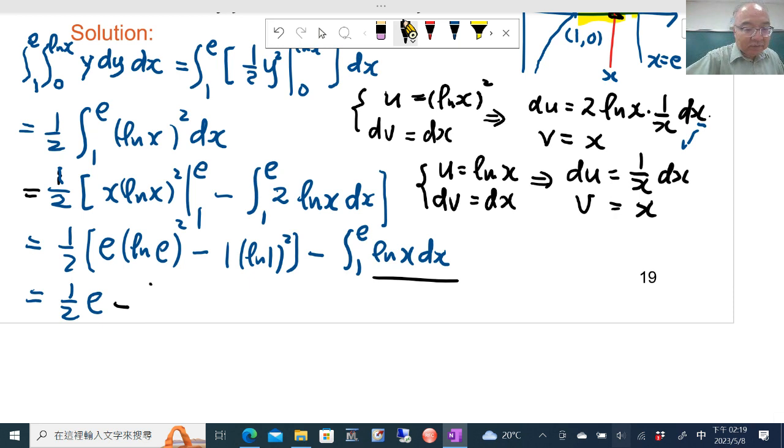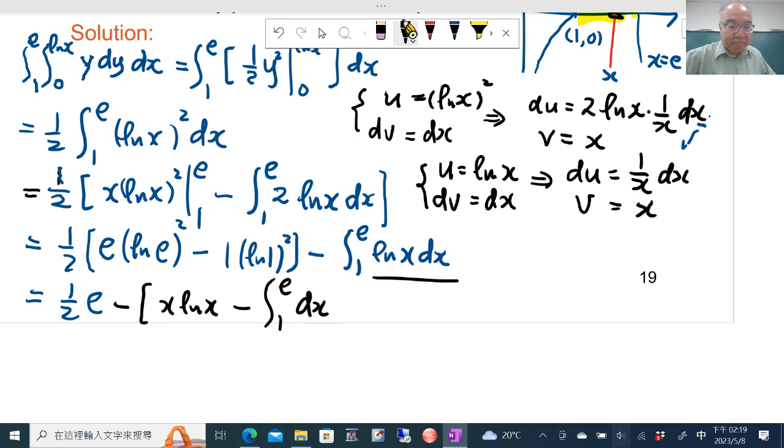So we have minus of u times v, x ln x, minus the integral from 1 to e of v du, which is dx. Okay.